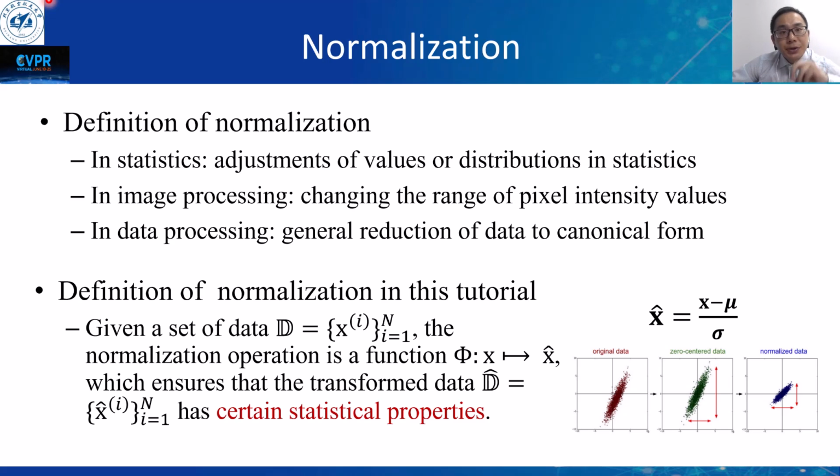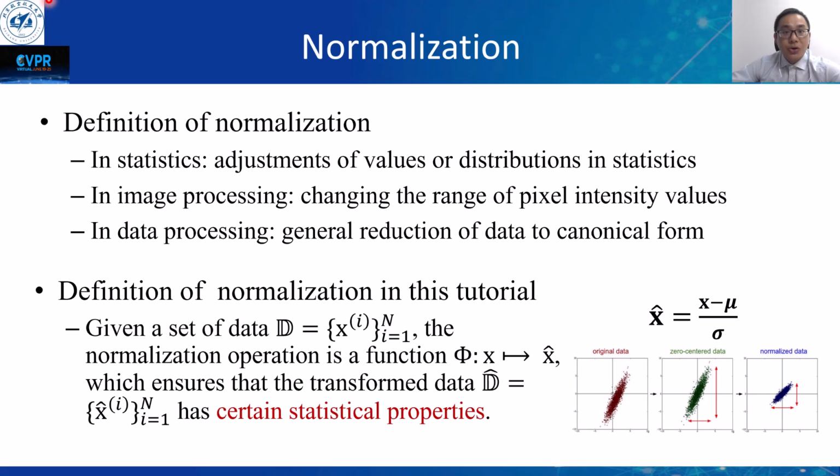Here, we show the definition of normalization from Wikipedia. There are different definitions from different areas. In statistics, normalization is defined as the adjustment of values or distributions. In image processing, normalization is defined as changing the range of pixel intensity values. In data processing, normalization is defined as the general reduction of data to canonical form.